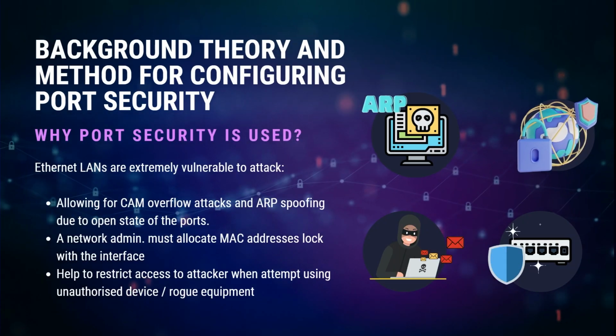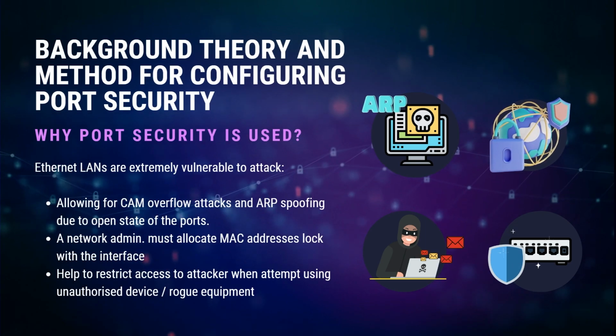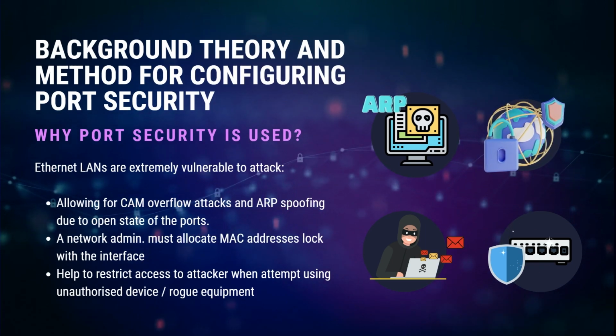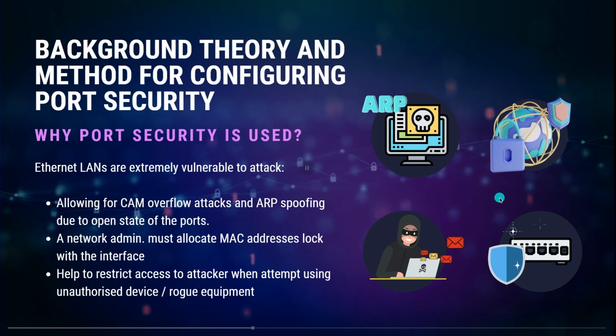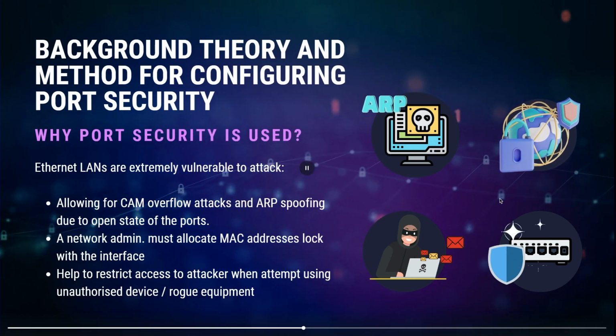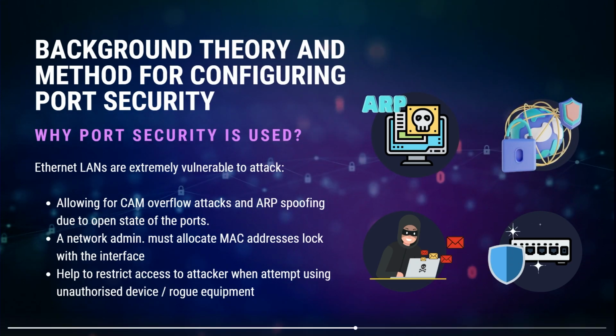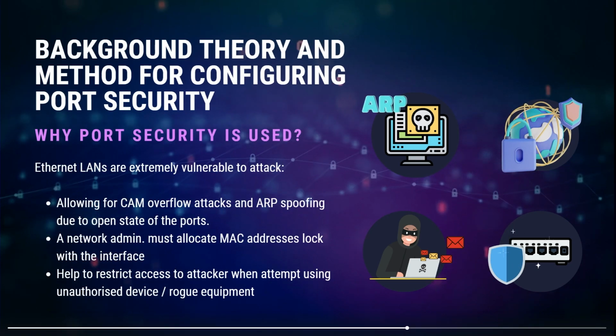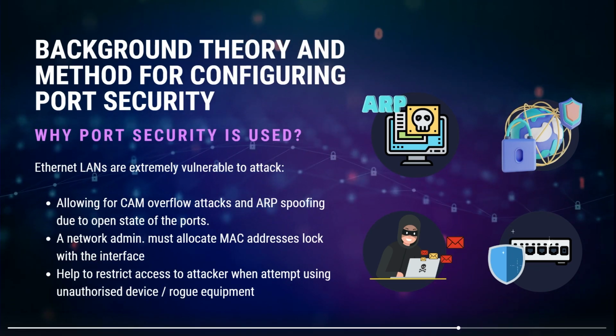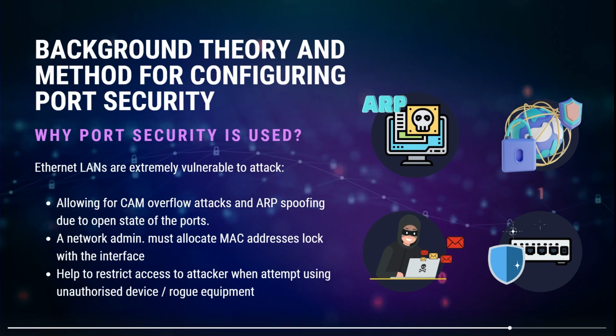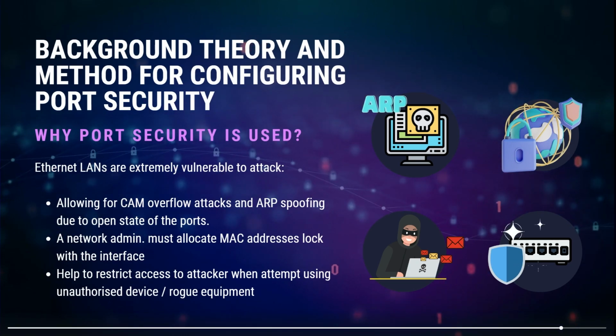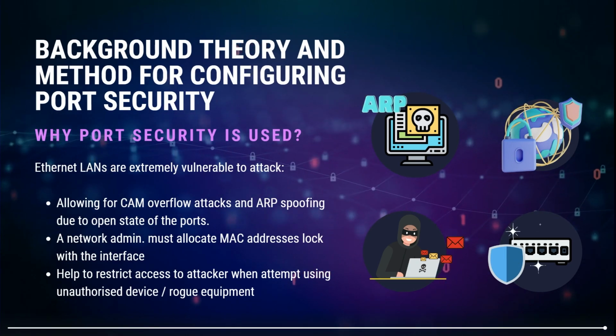In this slide, I will explain the background theory and methods for configuring port security. Why is port security used? Because switch ports are open by default, Ethernet LANs are extremely vulnerable to attack, which allows various attacks such as CAM overflow attack and ARP spoofing, where the attacker associates its own MAC address with the IP address of a network device connected to the switch.